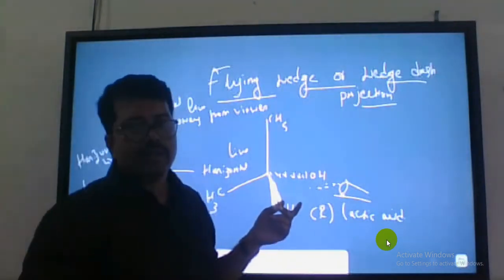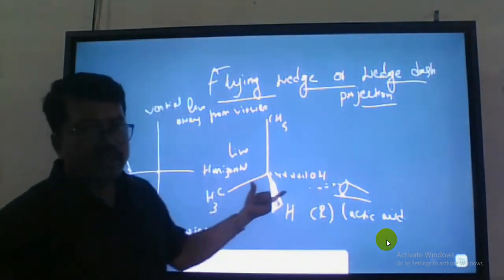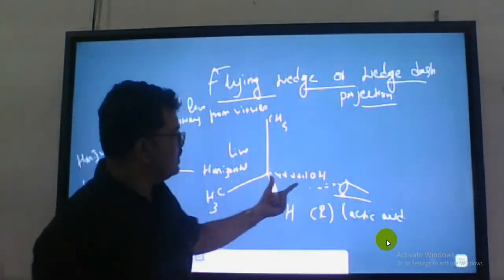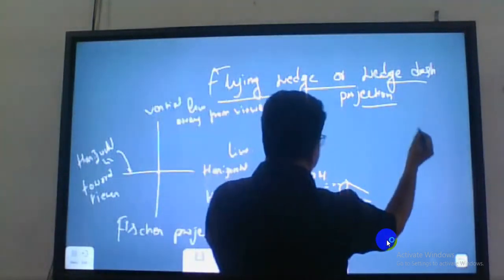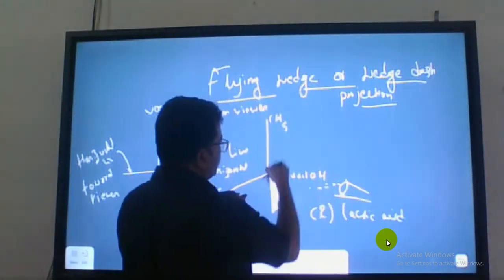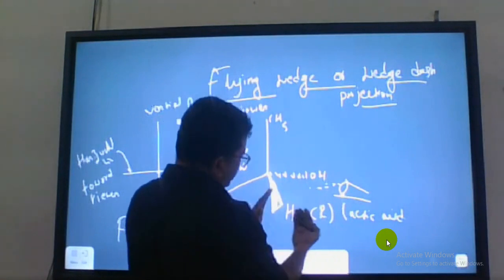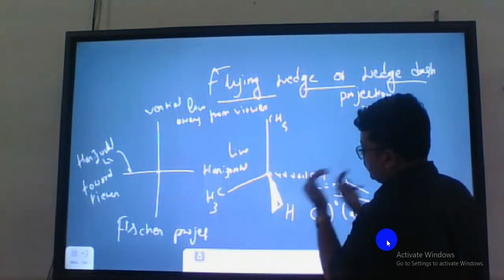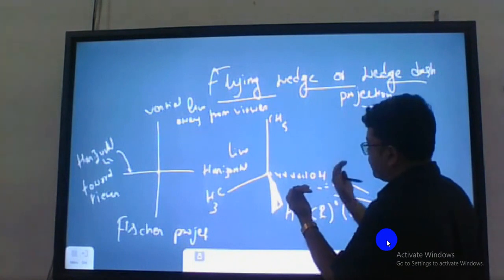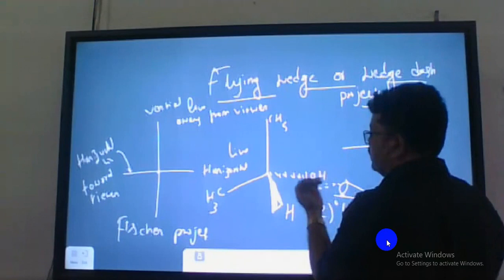So for example, take the lactic acid molecule. Looking at it, this will be above and this will be below, that is the vertical line. If you look from this side, the left side and right side appear towards us. That we call the horizontal line.